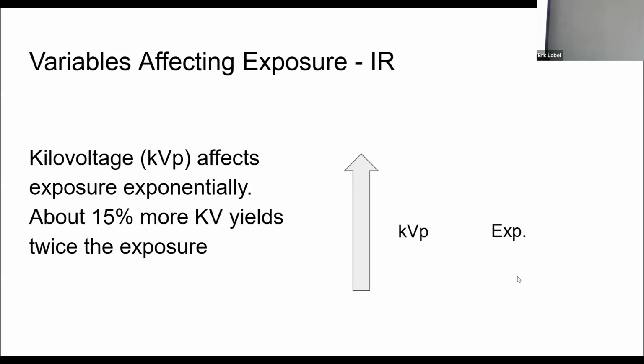We don't have to double the kV to double the intensity of the beam. We don't have to double the kV to get twice as many photons. We only have to go up 15%. Now, we don't always go up 15%, but let's say you went up half of that, right? 7% is still going to be a 50% increase. Not a 100% increase, but still going to be a pretty big increase.